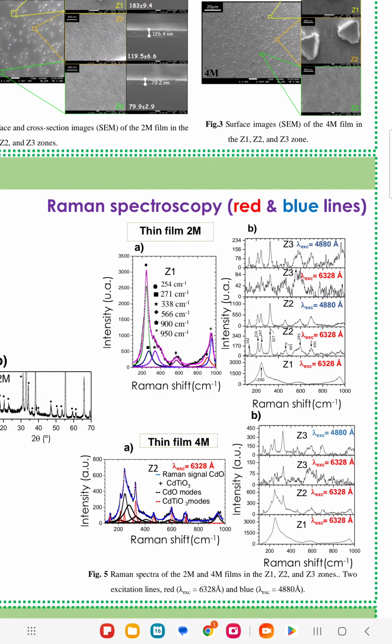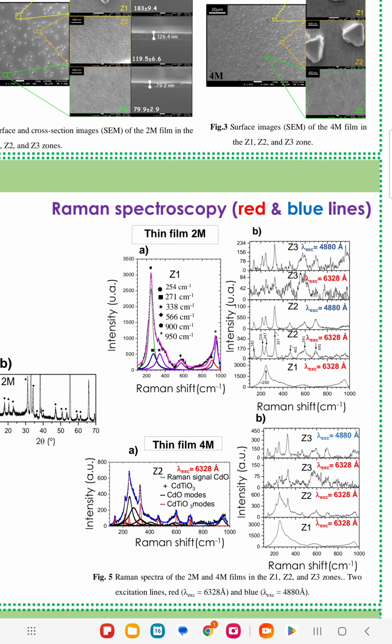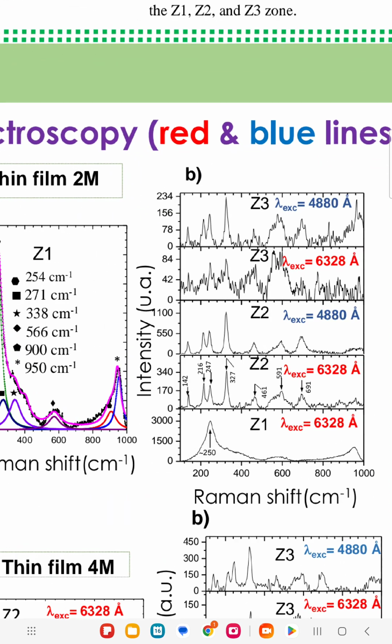In the case of the Z3 zone, we can observe that when we made the analysis with the red line, we didn't observe clearly the vibrational modes of either phase, cadmium oxide or cadmium titanate.